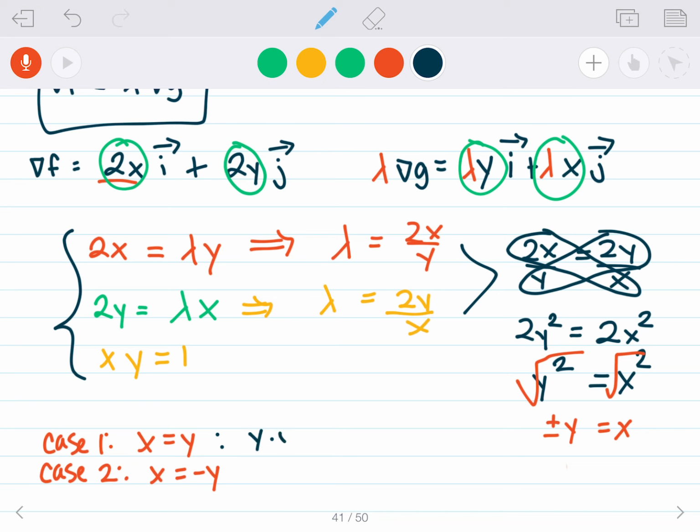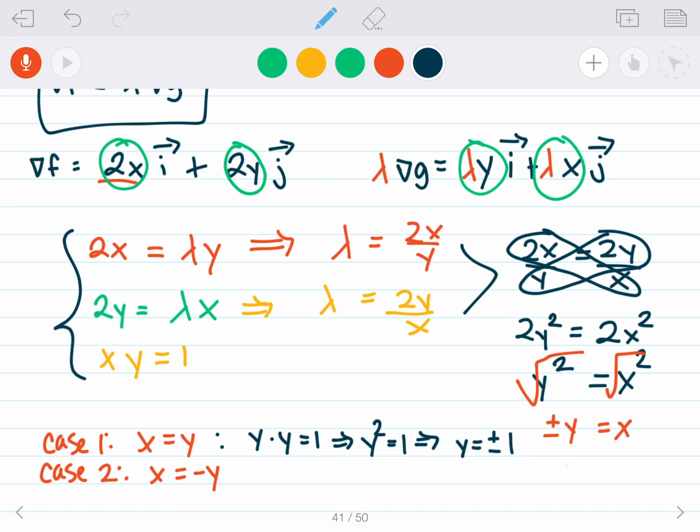So I get y times y equals 1, which implies y squared equals 1, which means y is going to be plus or minus 1. So y is going to equal plus or minus 1 in case 1.